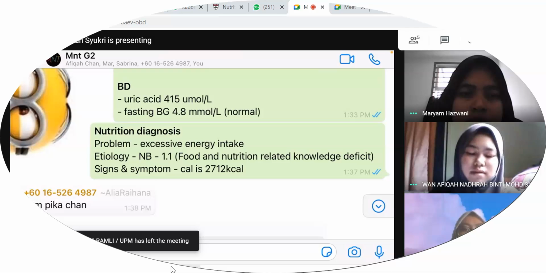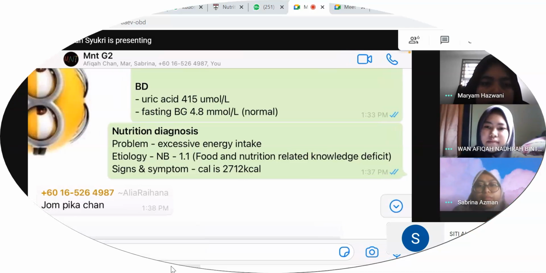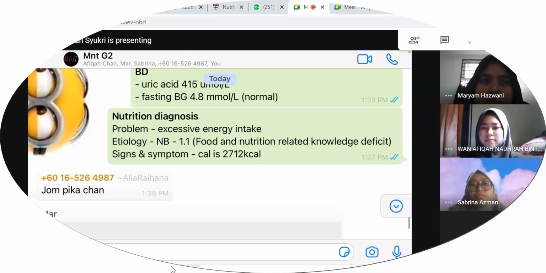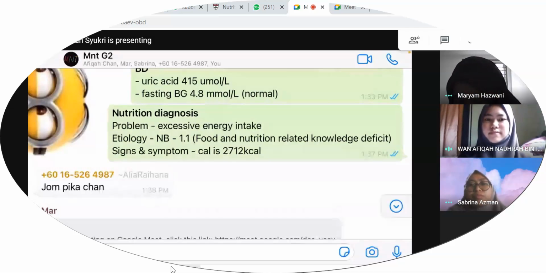So you tell the patient, okay puan, your uric acid is high, and if we do not treat this, you will be at risk of having gout in the future. But today I'm going to tell you about diabetes first because your glucose is not controlled, for example. But now the patient has gouty attacks. Yes? Okay. So, almost there, but this NCP group is not quite complete.